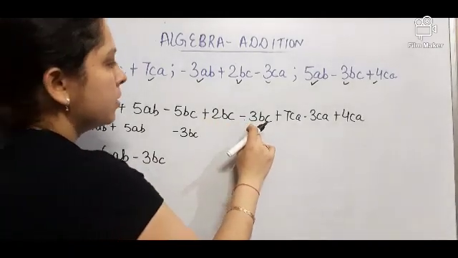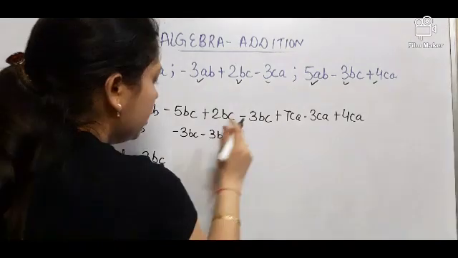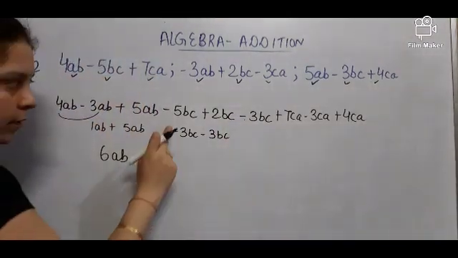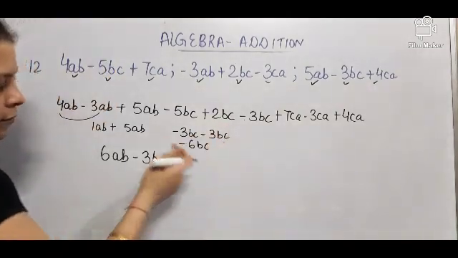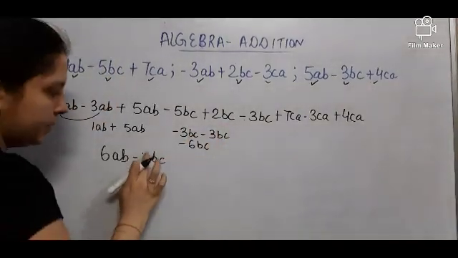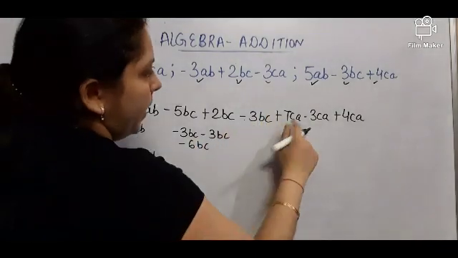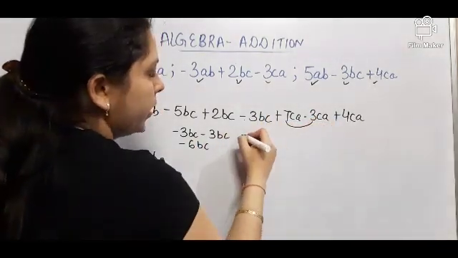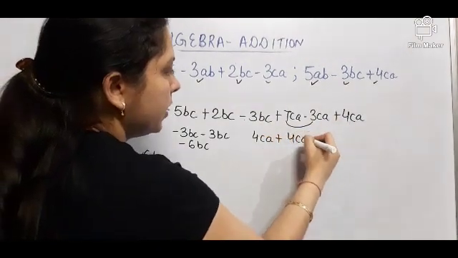So we are left with minus 3bc again. So 2 negatives result to positive, so 3 plus 3 is 6, and as both have the same sign, we'll get minus 6bc. Next, 7 plus minus 3 is 4, so 4ca, then we have 4ca.